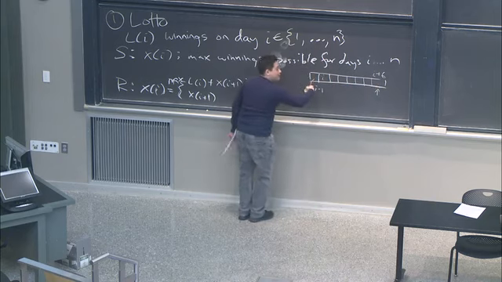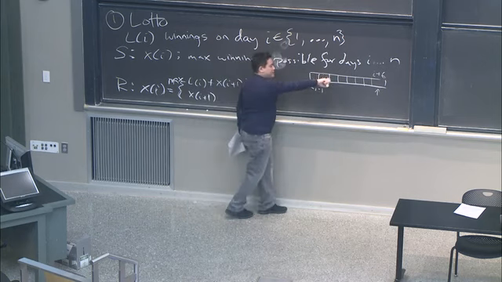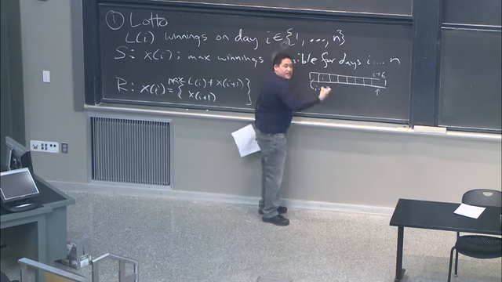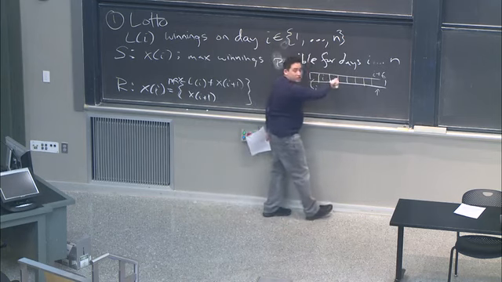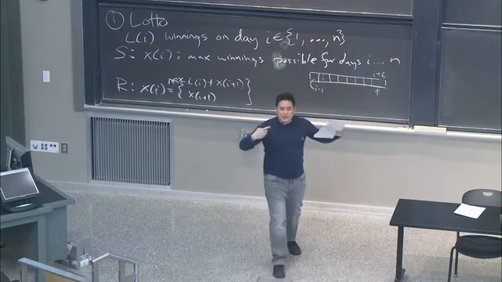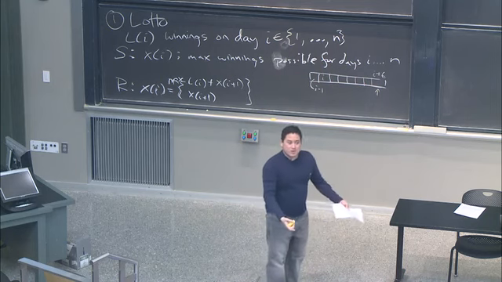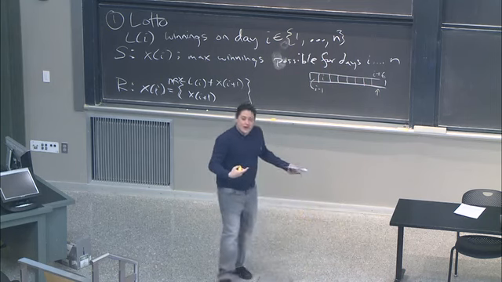But if I haven't played since way back here, I could potentially play the next guy. I don't actually know which of these I can play on next. In some sense, I need to remember which days I'm allowed to play on next. At the beginning, I have no restrictions.